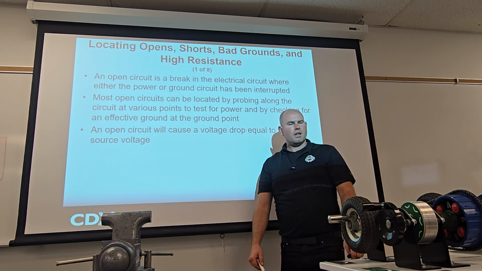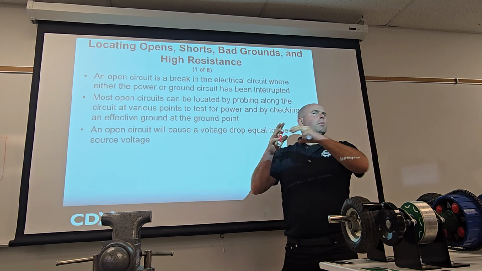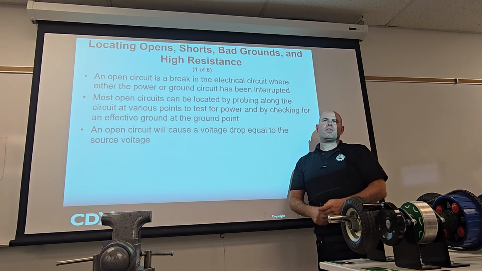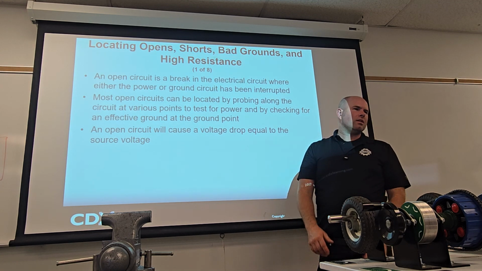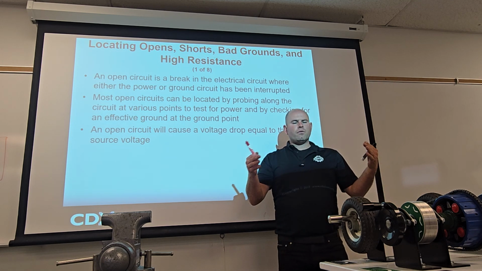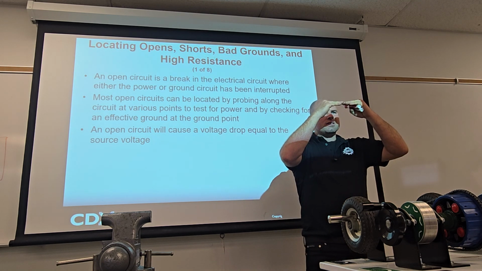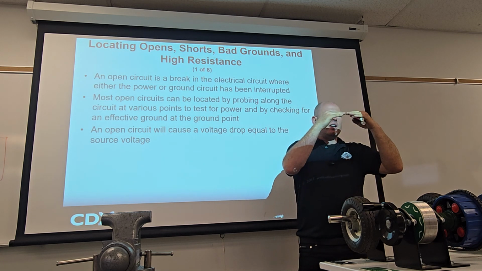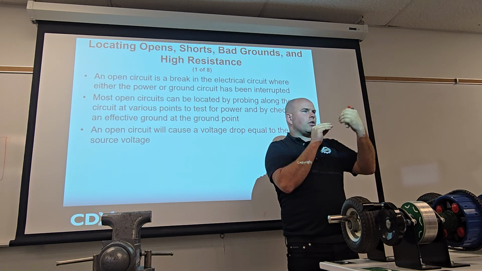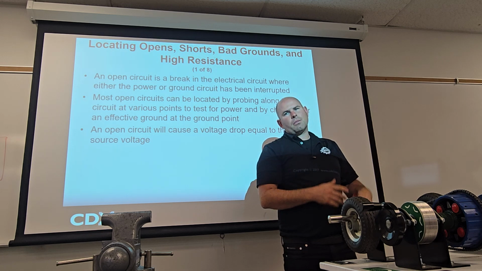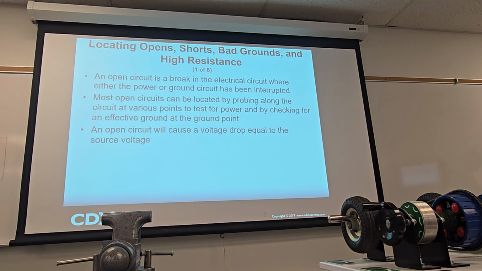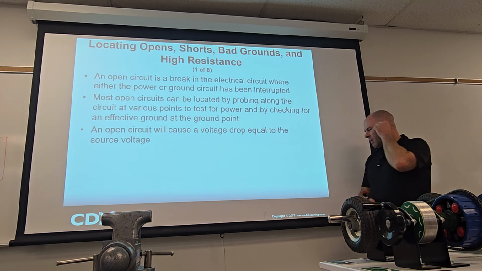When something drops some of it, but not all of it, that'd be a high resistance. What's the difference? Honestly, it's not really a big deal. If you're dropping the full voltage, you probably know the wire's actually broken, whereas if you're dropping some of it, you probably know the wire's partially broken and corroded. Either way, you're still replacing or repairing the wire, but that's the difference between an open and a high resistance.